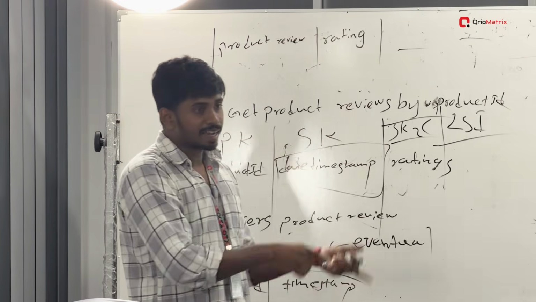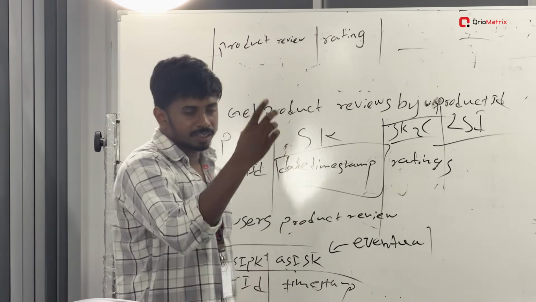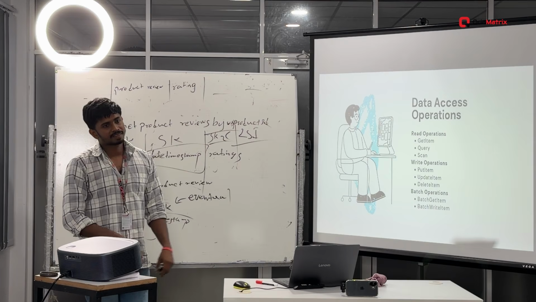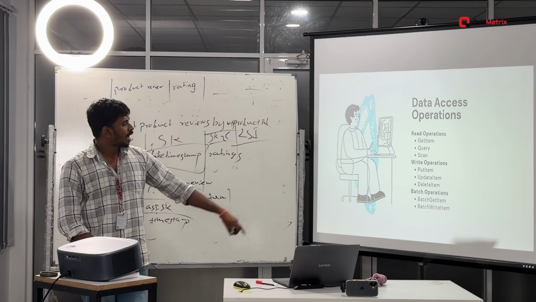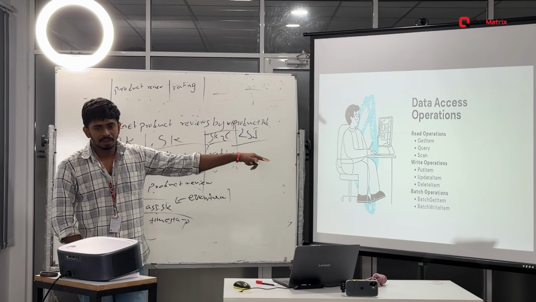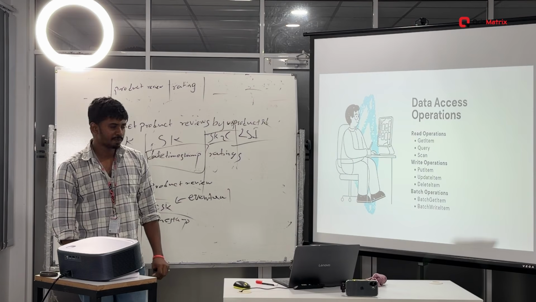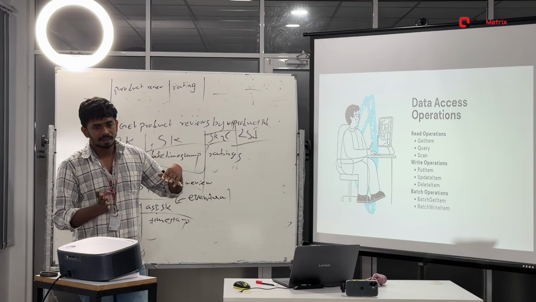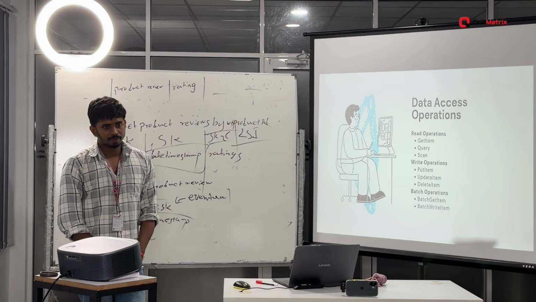So when you're designing a table in DynamoDB, you need to reduce these scans. You need to have queries; always reduce scans. That's the main principle when you're designing a database or table in DynamoDB.